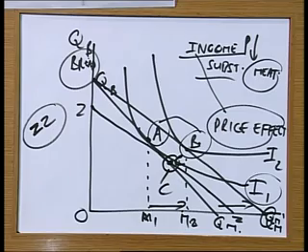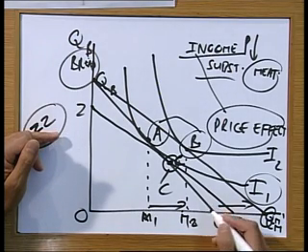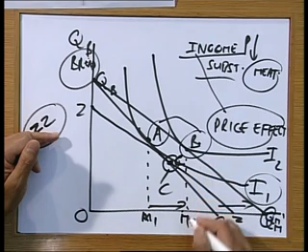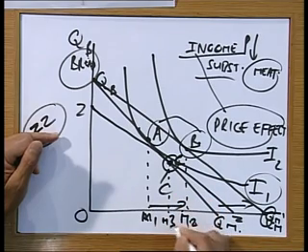Now you will see why we draw the auxiliary line, because the auxiliary line is there to separate the income effect from the substitution effect. So where will this auxiliary line now be? If you look at M2, that is B, and if you look at point C, then you come down, that will be M3.